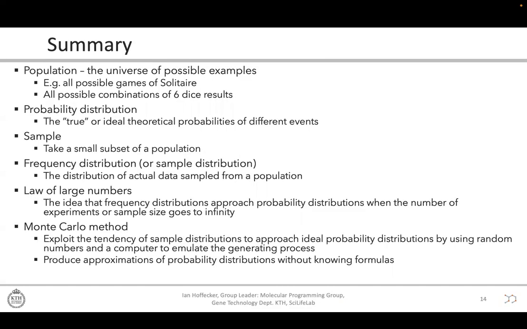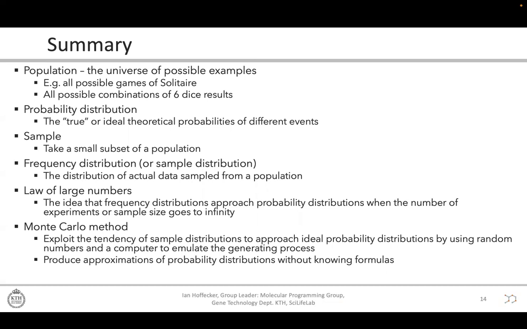To summarize, we have this idea of enumerating all the possible examples. We call this the population. For example, all possible games of solitaire, or all possible combinations of a two-dice throw. If we look at the proportions of these events, that gives us the probability distribution.